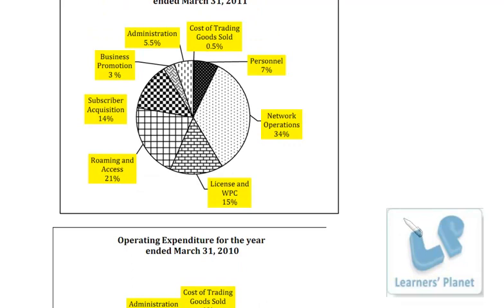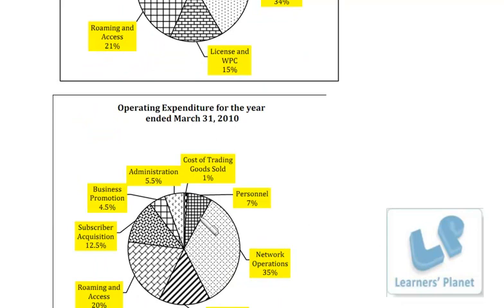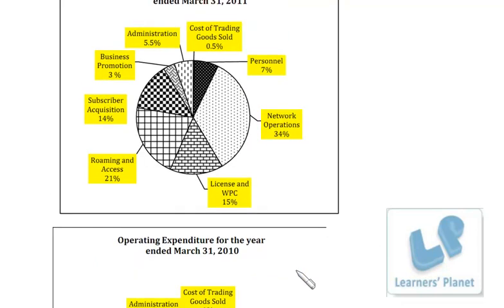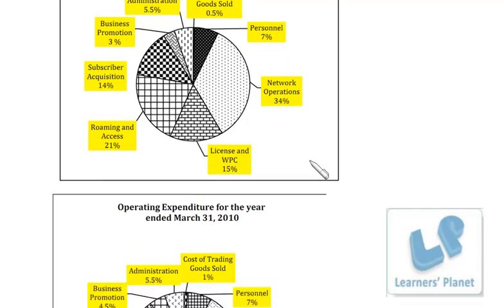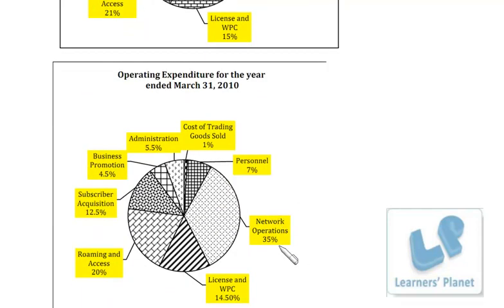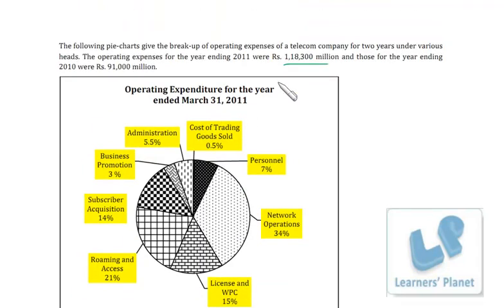Now that's an important point over here. Right? Here network operations are 35% and here network operations are 34%, right? So in absolute terms, whether there is a decrease or not, see, overall expenditure is getting up by 30%, right? So actually what is happening in the case of network operations, here the contribution is 35% of 910, right?